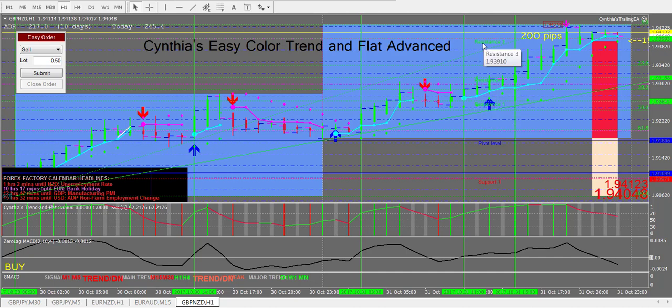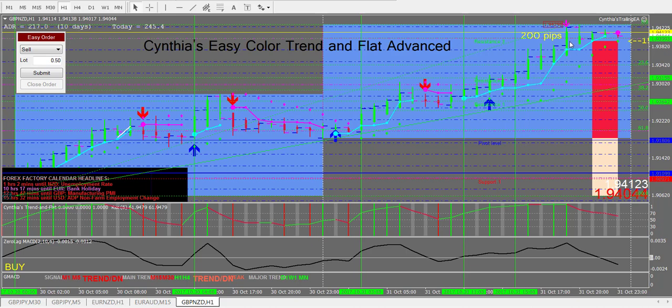Most definitely the combination of a resistance 3 and a major key level, and the red box, the Fibonacci retracement tool showing you the red box telling you it's the high price, it's the high. And then you have your early reversal arrow here. Everything is screaming at me to take my profit and book it.